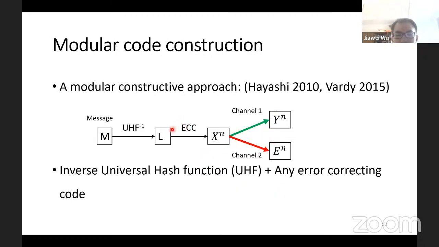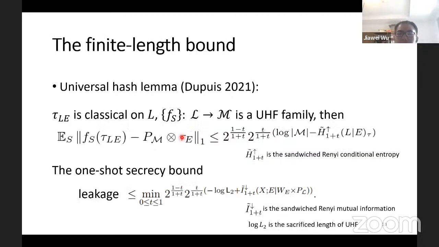I should note that this error correcting code is not specified. It can be any error correcting code, and we have no assumption on its linearity or anything. Then using this modular code construction, we can get a finiteness bound and a secrecy bound.